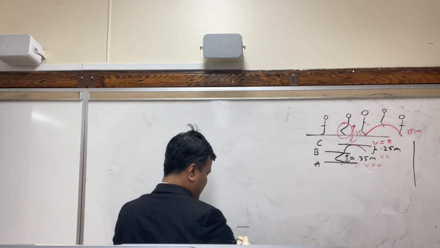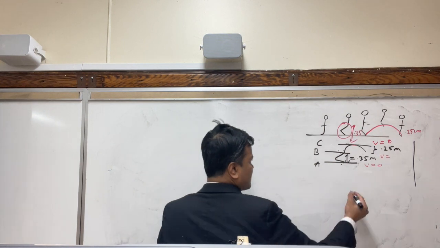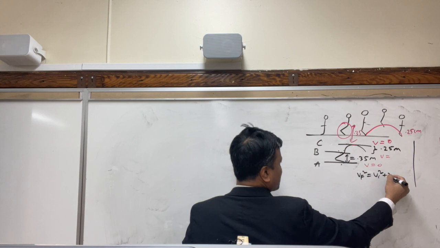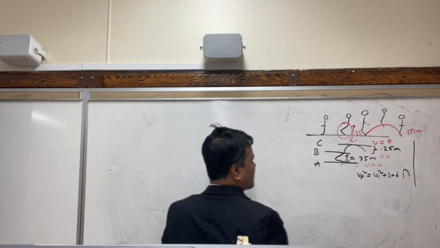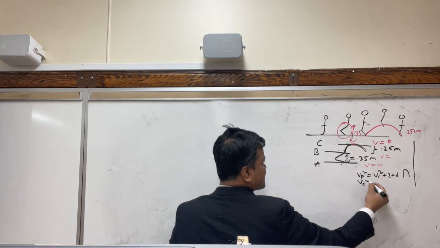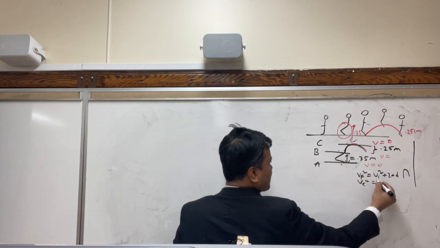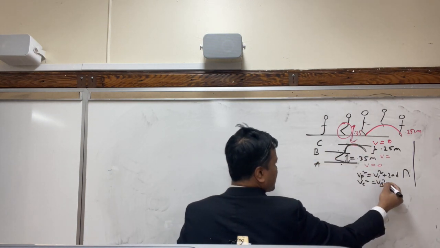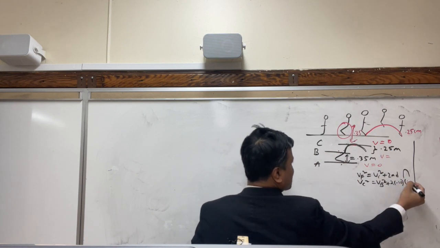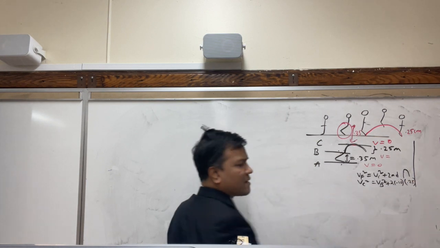So let's find the velocity first. Vf squared is equal to Vi squared plus 2AD. We're going to do it for the parabola. So VC squared equals VB squared plus 2 times negative 10 times D, and don't forget D is 0.25 because we are using the parabola.